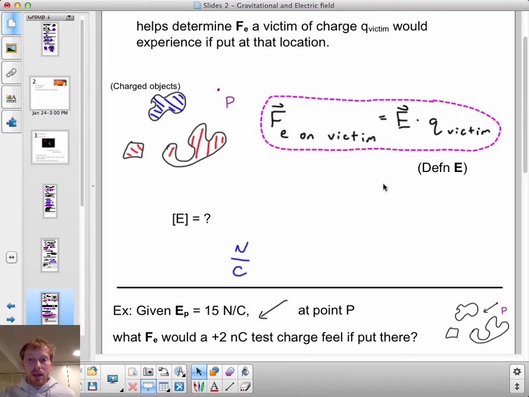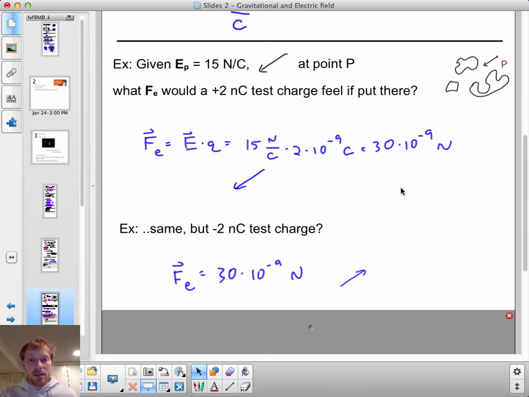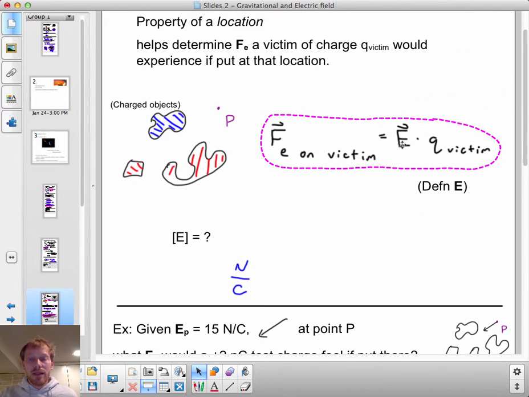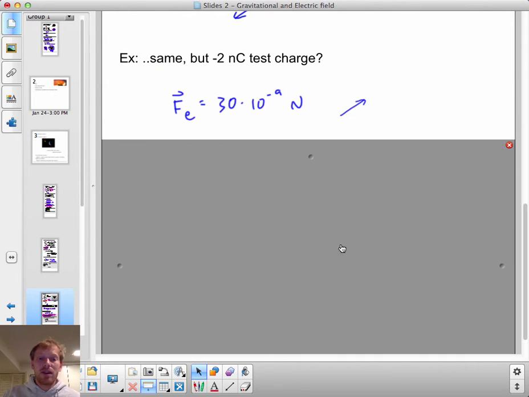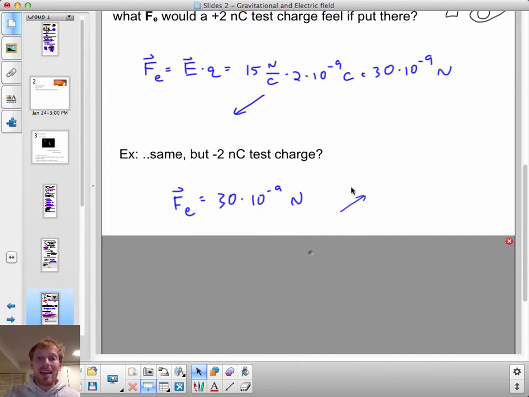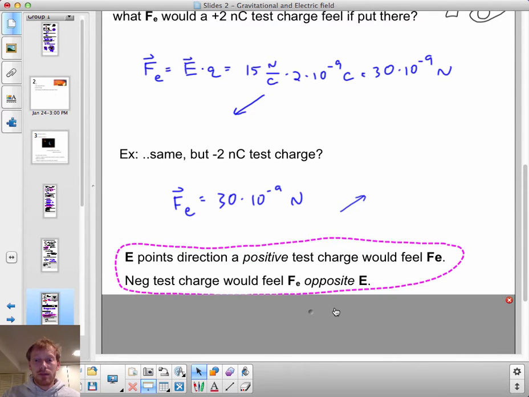If we took the vector electric field, 15 newtons per coulomb, and the direction was down and to the left, and multiplied it by negative 2 nanocoulombs, then the negative would flip the direction of the electric field vector. The force on a negative test charge points opposite the electric field vector.